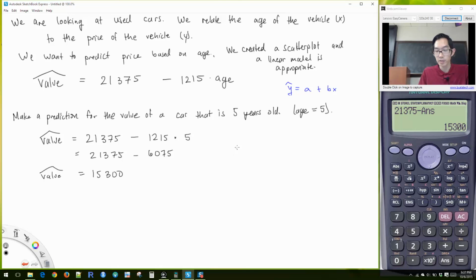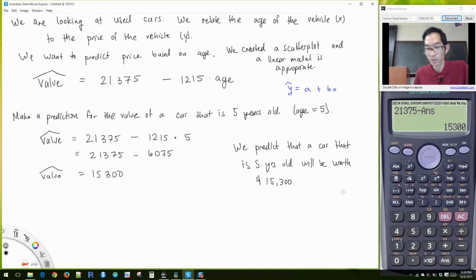So this means we predict that a car that is 5 years old will be worth 15,300. So if you have a 2010 Honda Civic, we predict it to be worth 15,300 or whatever, okay? Something around there.